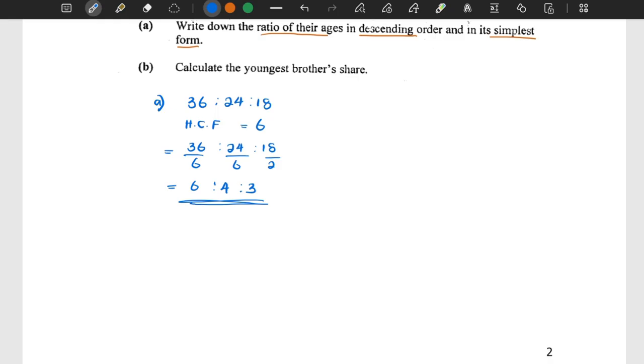And the question says, calculate the youngest brother's share. The youngest brother is this one. So the youngest brother's share will be 3 over 6 plus 4 plus 3, of the total amount that they were sharing, which was 5.2 million.